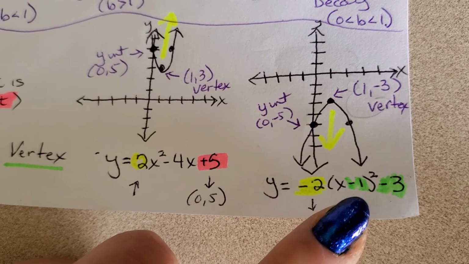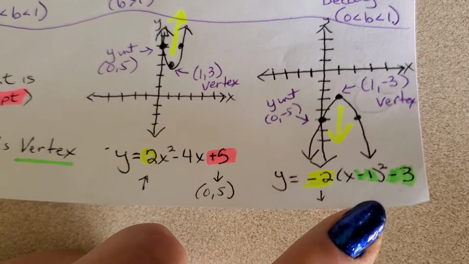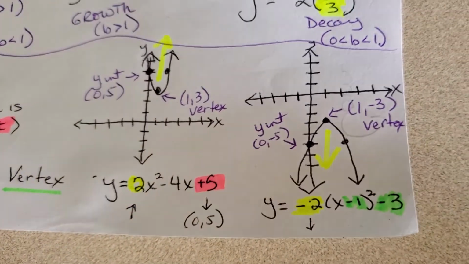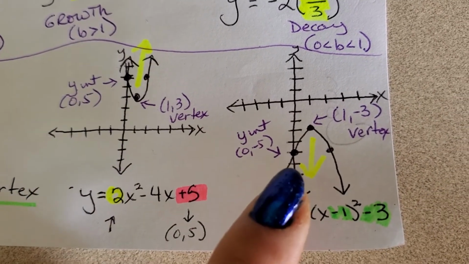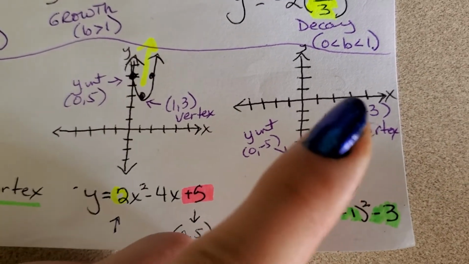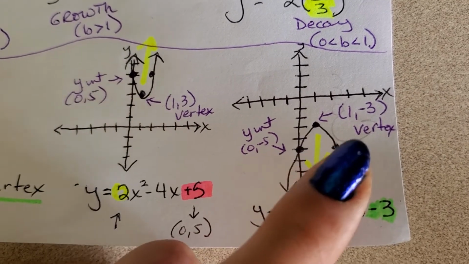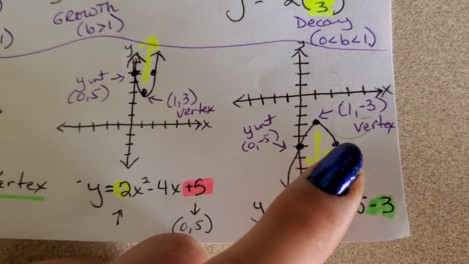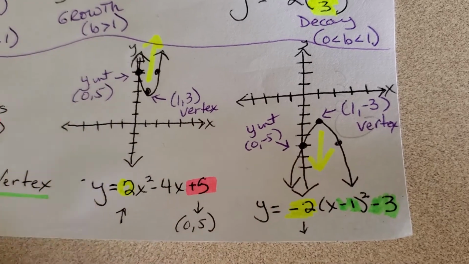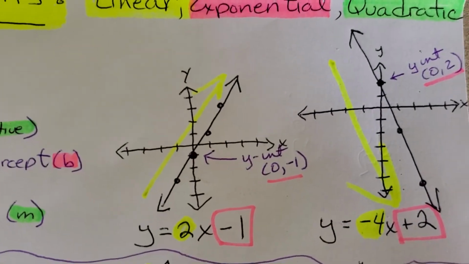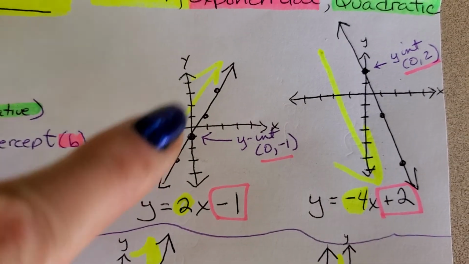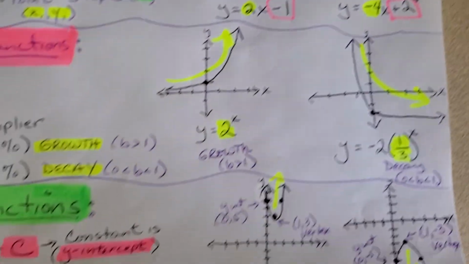All you do is expand this binomial, distribute the -2, and then combine like terms. And I got that my constant, or my c value, was -5. So once I had my vertex and the -5, I just drew the symmetric point on the opposite side and drew my parabola. Okay?